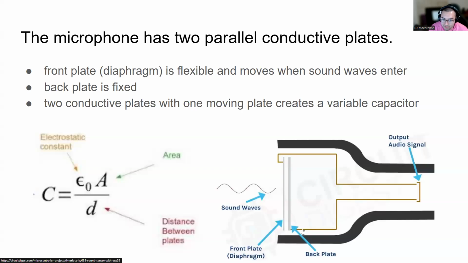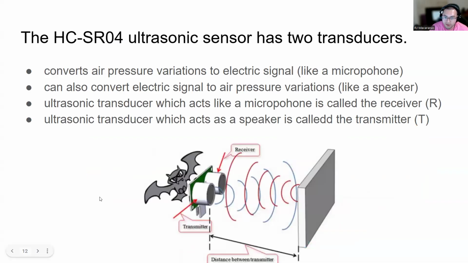And so when we have these two parallel conductive plates, this in essence creates a variable capacitor, right? And by changing the capacitance, we can also change the effective voltage that's seen at the output. So that's how the microphone works.